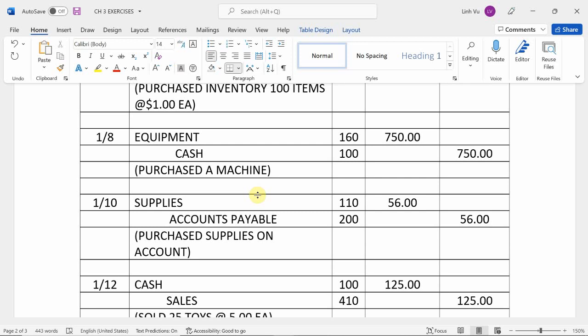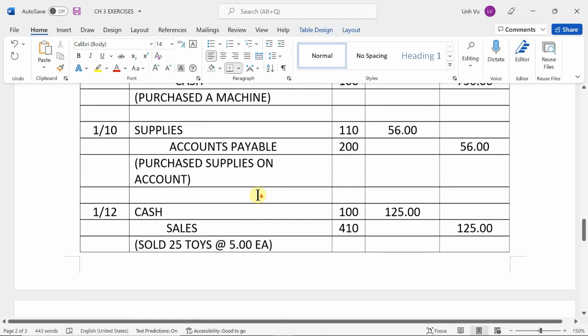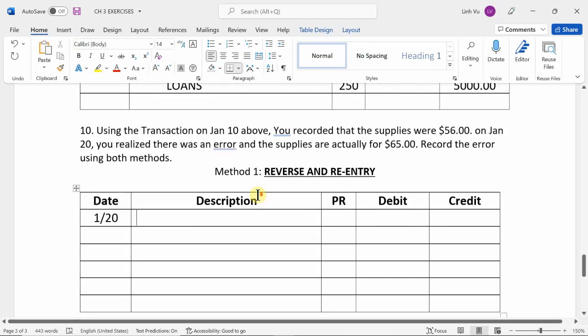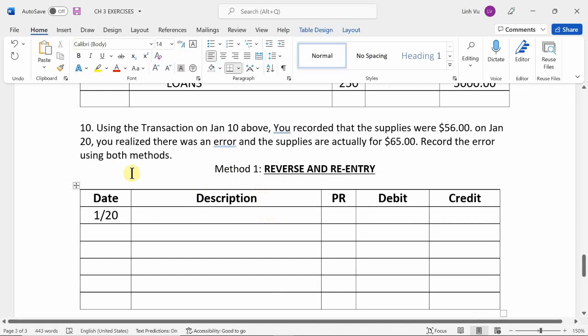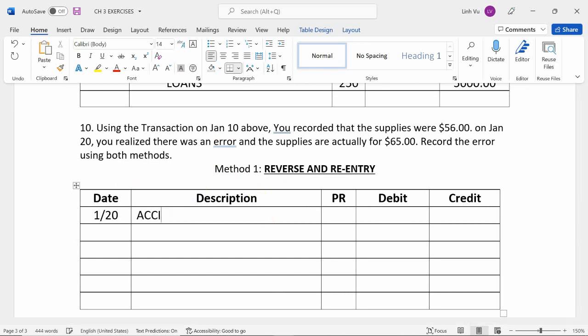The transaction was that we purchased the supplies on account. So how do I reverse this? We write accounts payable as a debit for $56, and then we write supplies as a credit for $56.